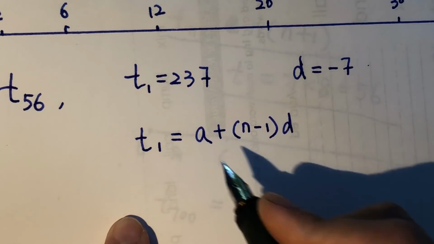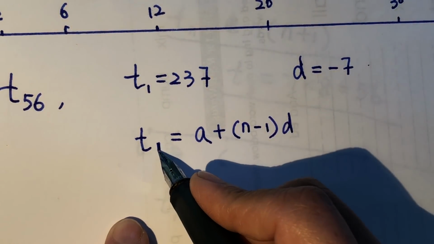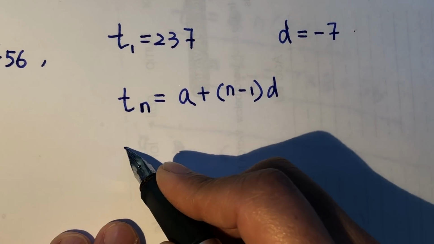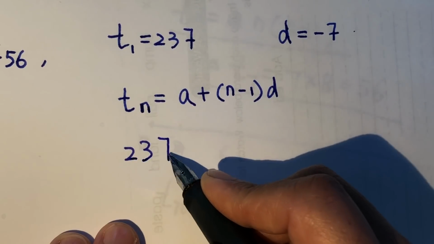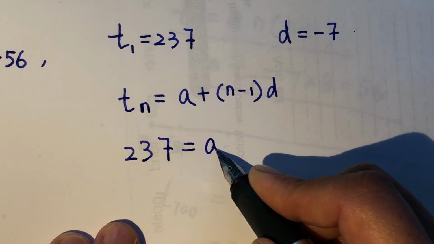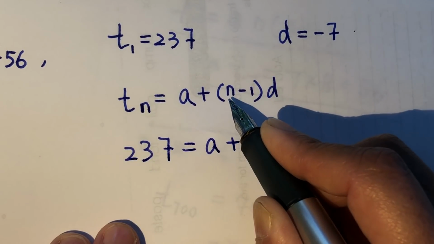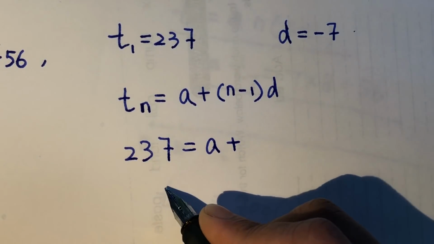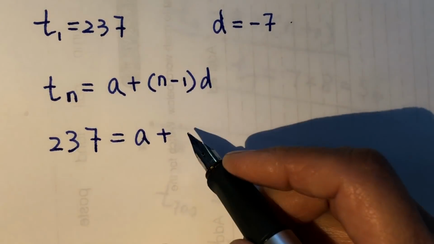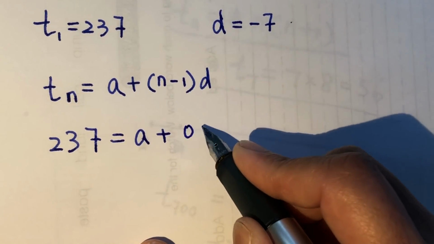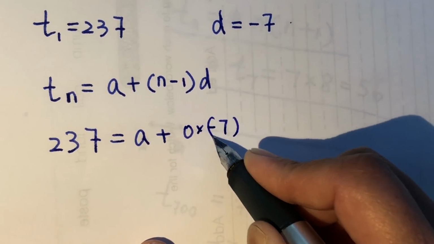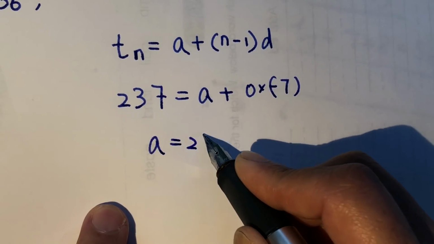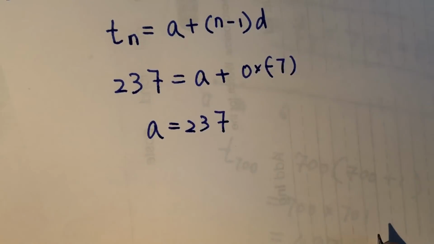Now, this is a formula. We know T1 is 237, which equals a plus 1 minus 1 times d, which is 0 times negative 7. So we know a equals 237, right?